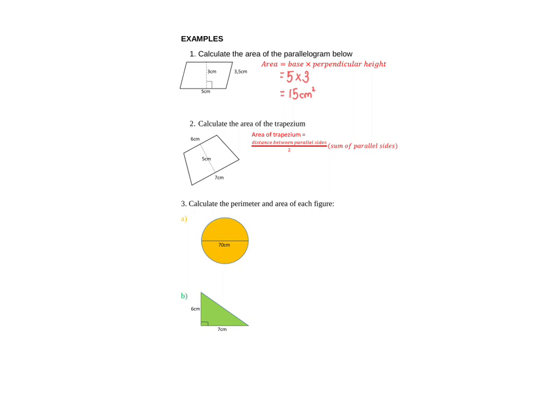Then the area of the trapezium over here, remember the formula we discussed just now, is the distance between parallel sides divided by 2 multiplied by the sum of the parallel sides. Here's your perpendicular height, the distance between the parallel sides, and then there's your parallel side each. So if we substitute, it's going to be 5 divided by 2 times 6 plus 7. You can just put all of that into your calculator because it's a bit more complicated to work out.